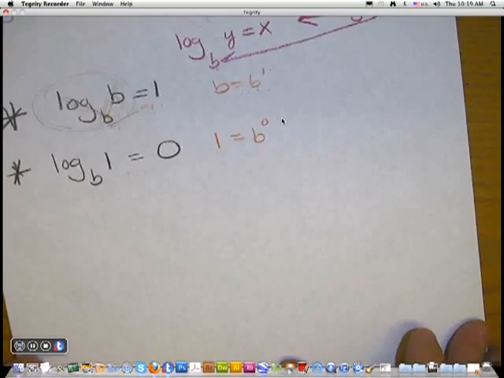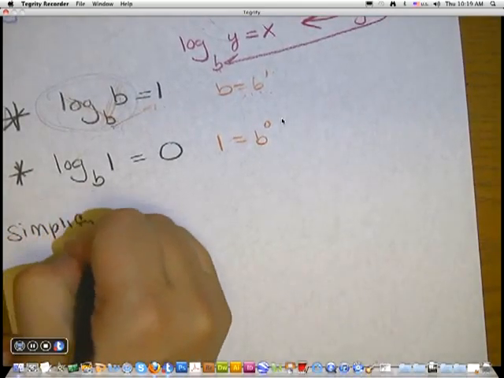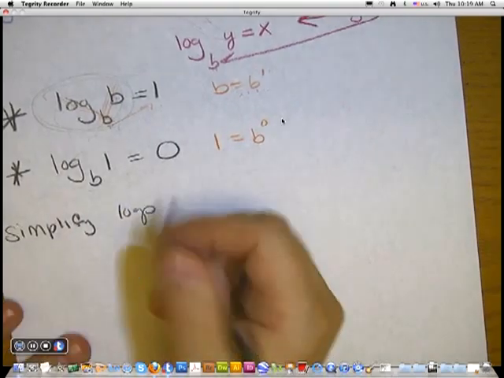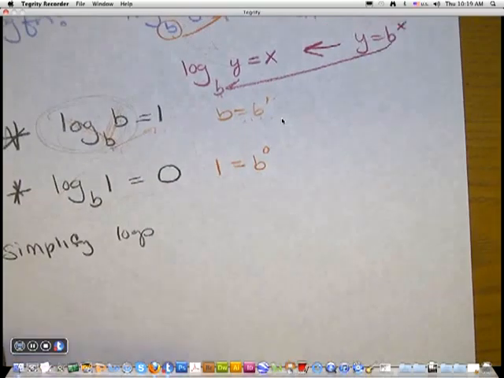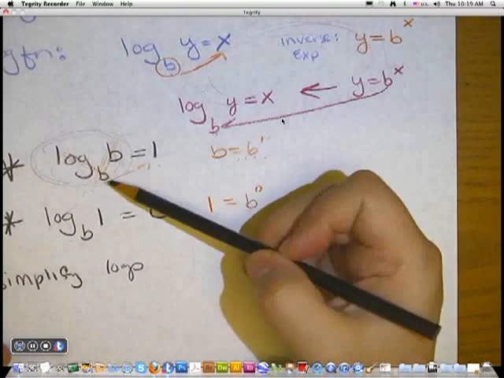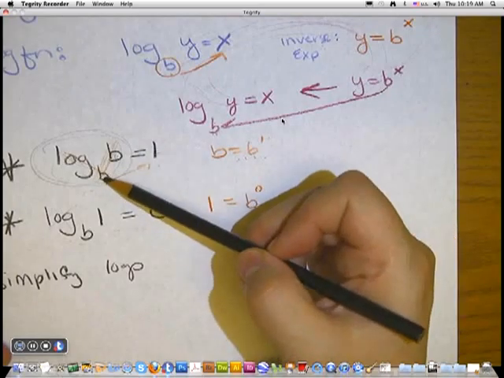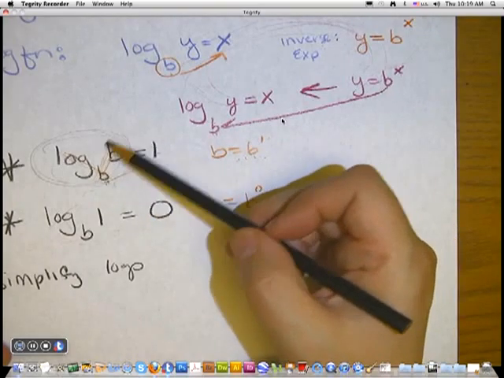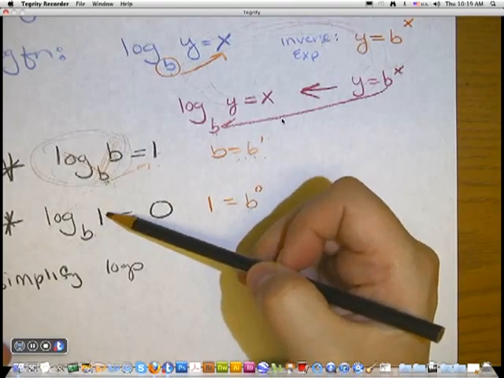All right, you're going to be asked to simplify logs using these kinds of ideas. So basically what we want to know is what exponent on the base, because that's what's going to be over here. What exponent on the base gives me this other number? What exponent on the base gives me this number?